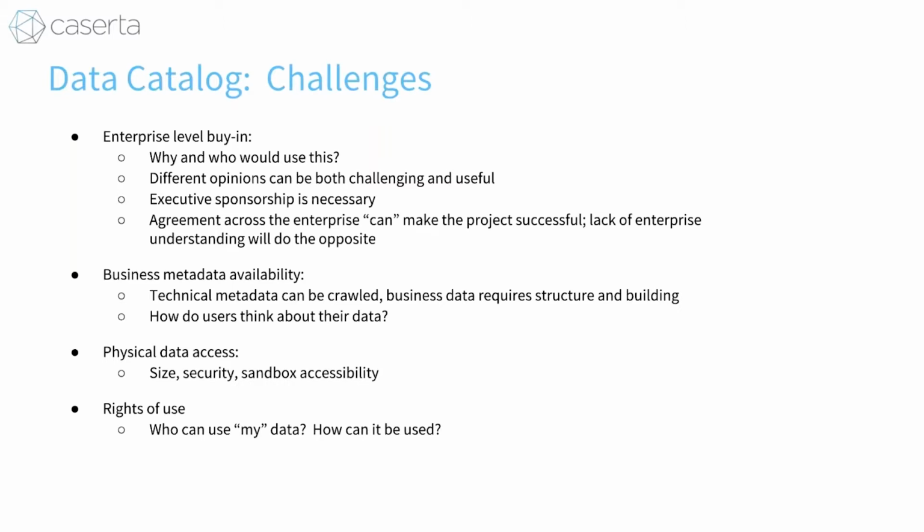Once it leaves my source system and goes to someplace else for analytics access and validation, how will I manage that data being in a different place? That physical data access and controlling that is very important to make sure that your data sources don't get out of hand or unmanageable. And then again, further going to that rights of use: who can use my data and how can it be accessed?